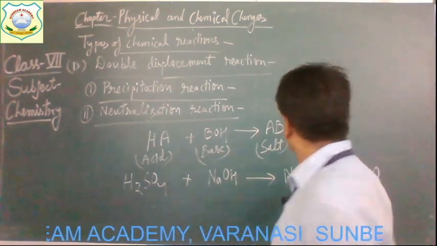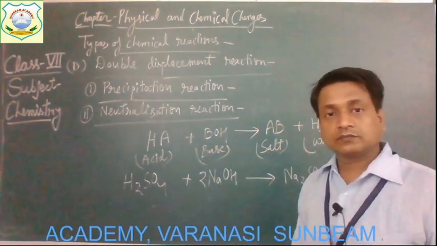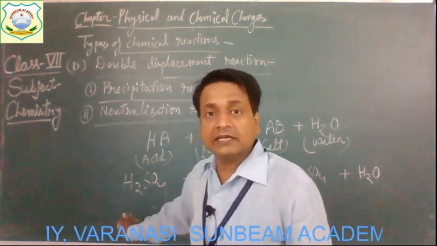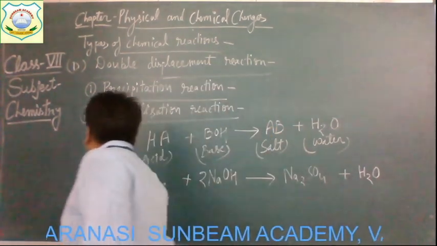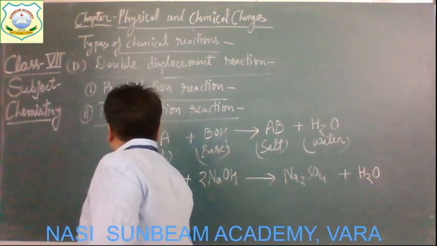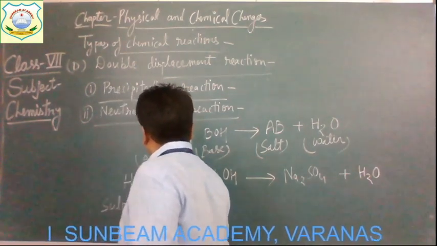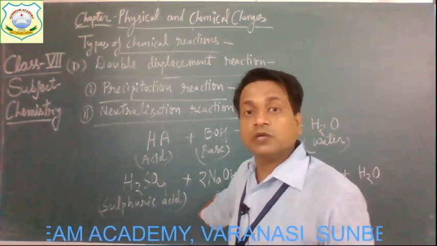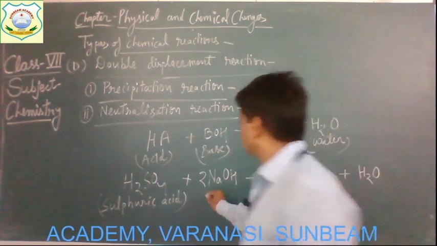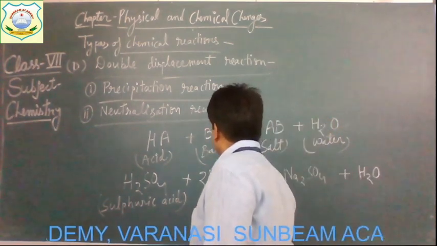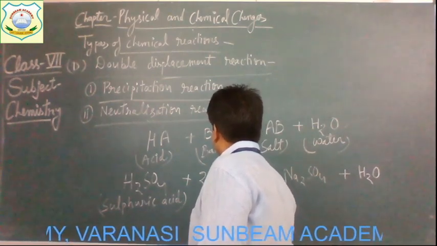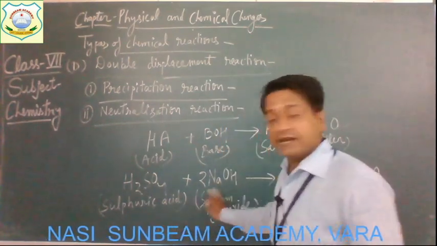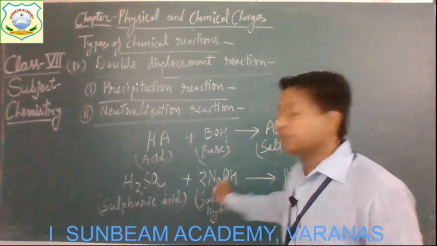Now balance it. Get it? So what is this? H2SO4. This is an acid. Which acid? Yes, it is sulfuric acid. NaOH, yes, it is sodium hydroxide, and this is a base. So when this acid and this base react together, it forms a salt.